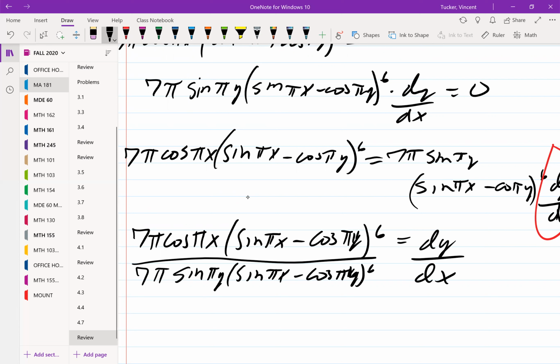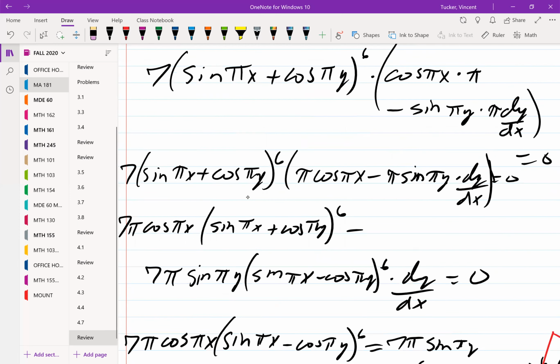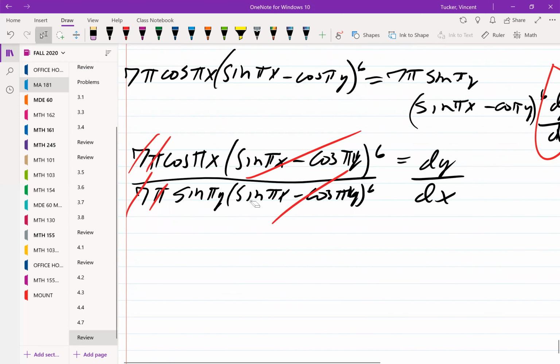So if I was paying attention, you see how the sine pi x minus cosine pi y to the 6 cancel out, and that 7 cancels, and our pi cancels. And I could have done that instead of distributing here. I could have just divided both sides by that here, and it's 0 because we had 0 here, would have canceled it out. So I added a little bit of extra work. But my fault. Either way, as long as you get to the right answer.